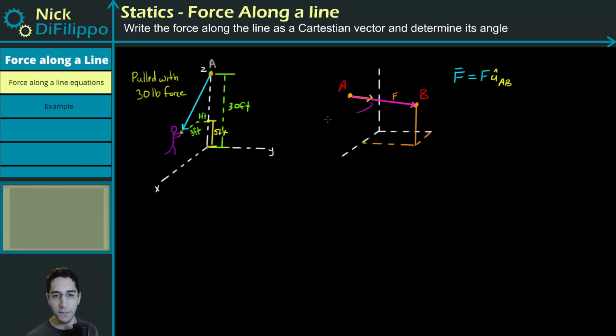So if this is our position vector from A to B, the unit vector is along the same line, and we can rewrite this equation in terms of our position vector, because typically we'll know the point that B is at, we'll know the point that A is at, and then we can figure out what the position vector is.